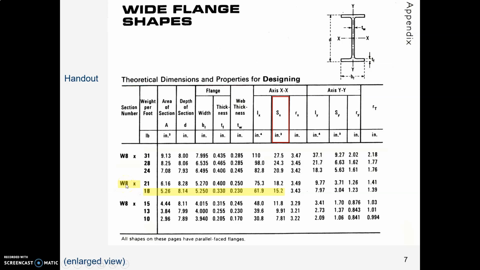So our size of beam is 8 by 18 pounds per foot. Here is our column that talks about section modulus around the x-axis. There's the x-axis. So the section modulus for an 8 by 18 is 15.2 inches to the third.